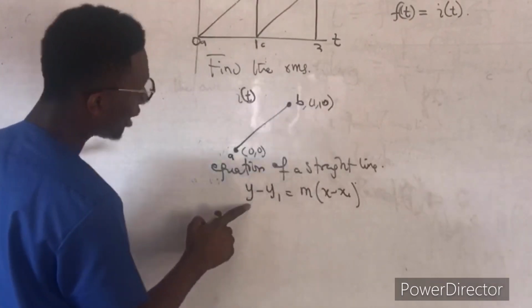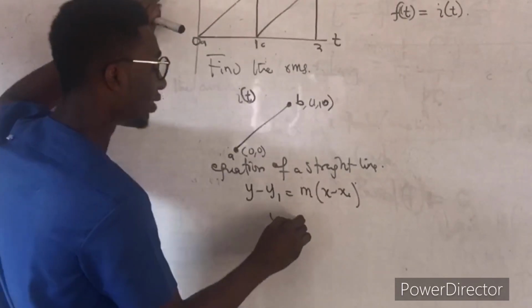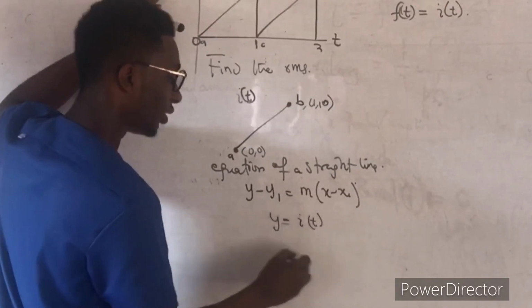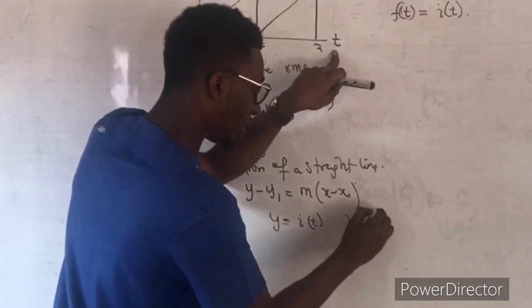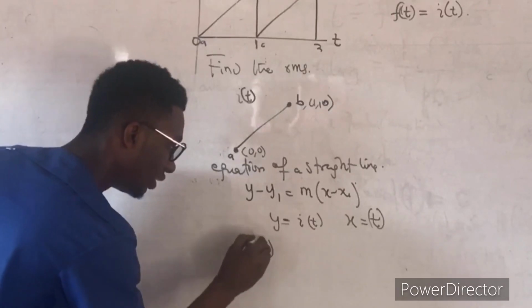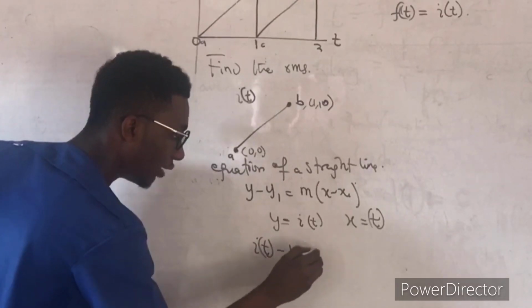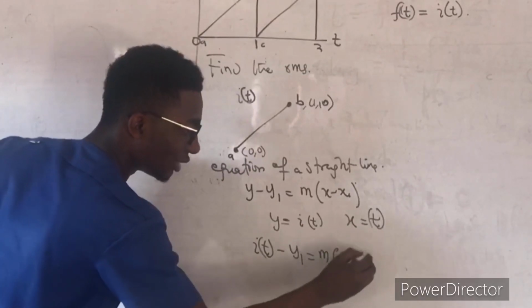Okay. Now y here is the value of the x-axis, and that is the function I of t. And the x is the function that is time, t. Okay, so now you can have I of t minus y1, which will give the gradient t minus x1.